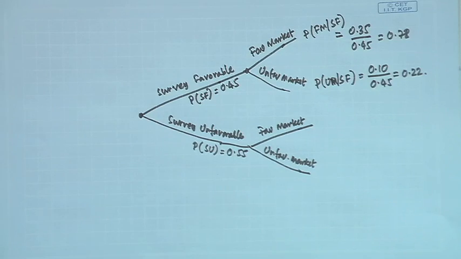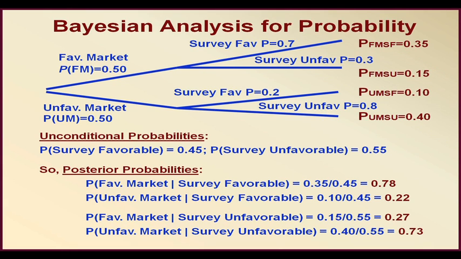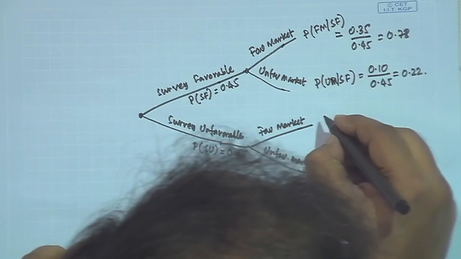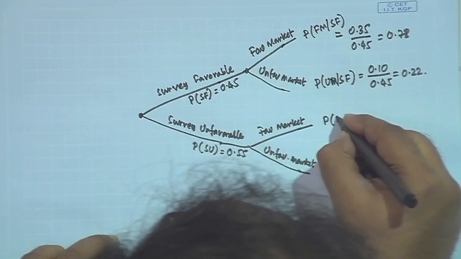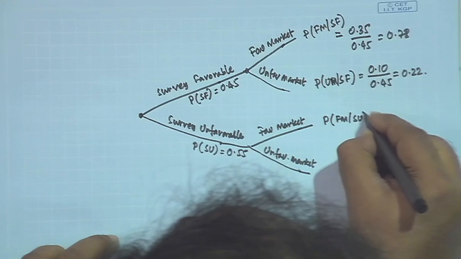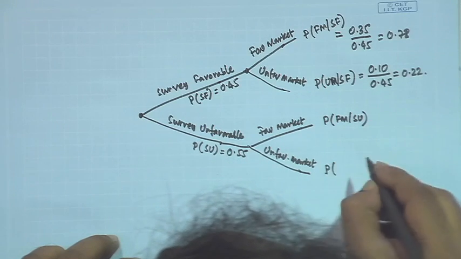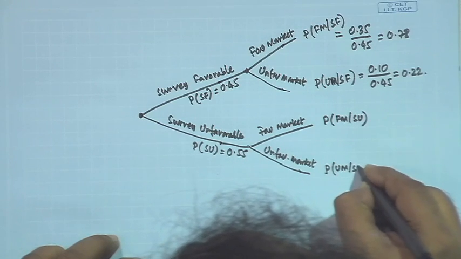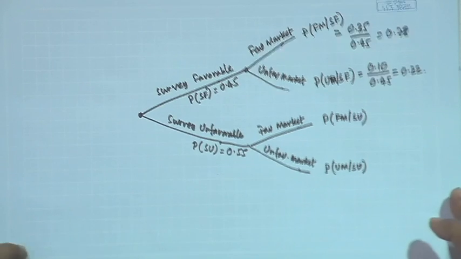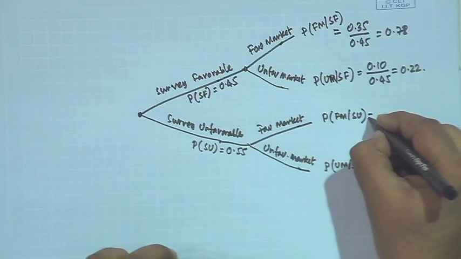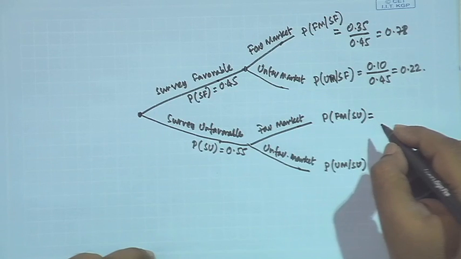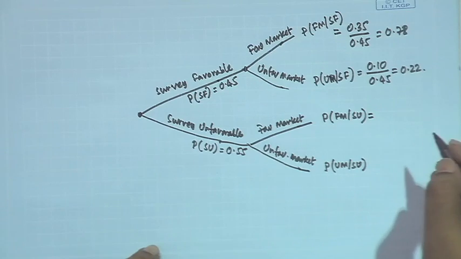Right. So, look at the slide once again, that the probability of the favorable market given survey favorable is 0.78 and the other one is 0.22. Similarly, on the other side, the probability of favorable market given survey unfavorable and probability of unfavorable market given survey unfavorable, that is divided by 0.15 and 0.40.